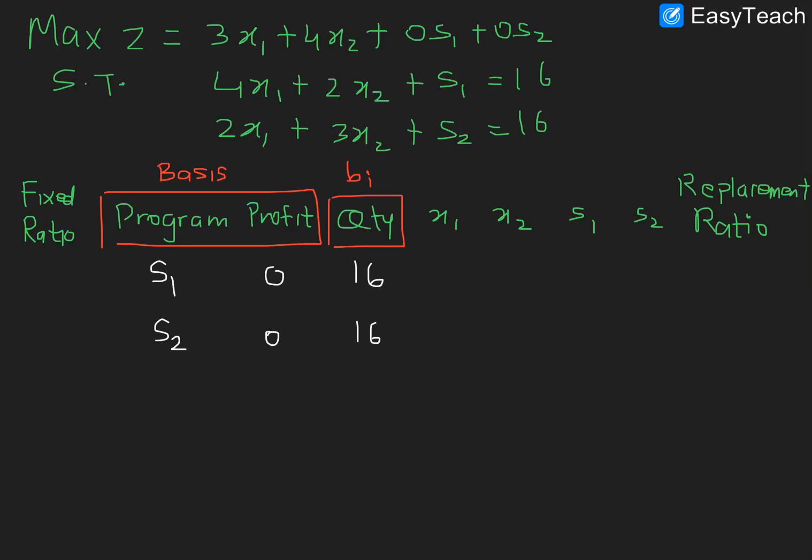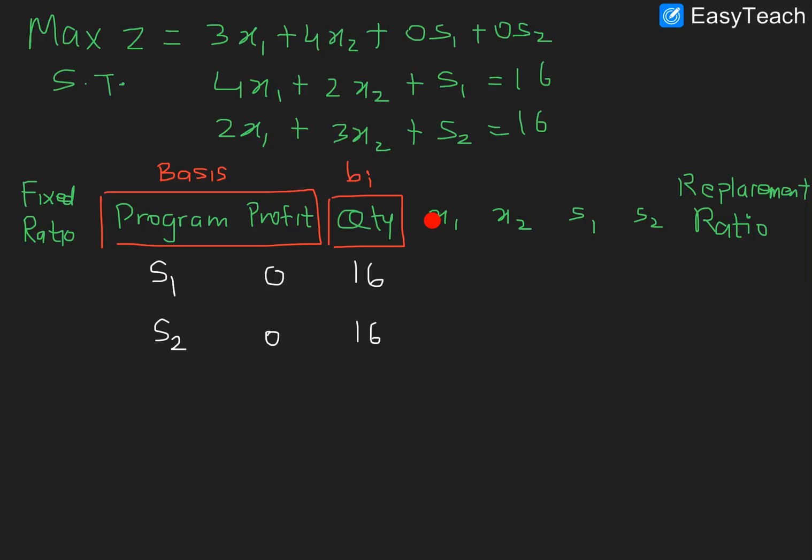So if I ask you, how many units of raw material or s1 I need to give up, or sacrifice, to produce 1 unit of x1?